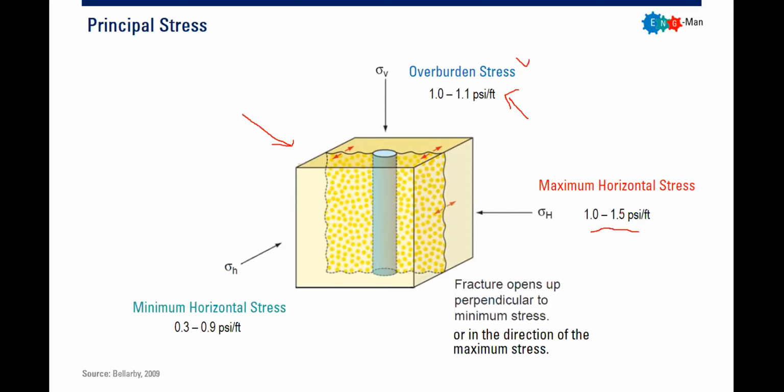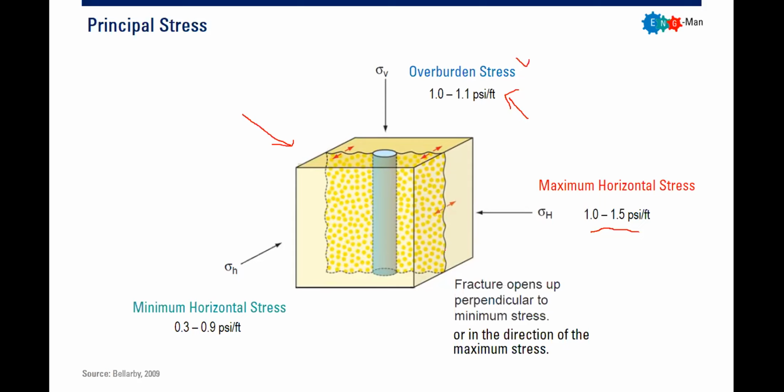But from the horizontal direction, we also have another principal stress, which is smaller, and we call it the minimum horizontal stress. So we have overburden stress in the vertical direction, maximum horizontal stress in the horizontal direction, in this picture from east to west, and minimum horizontal stress from south to north.